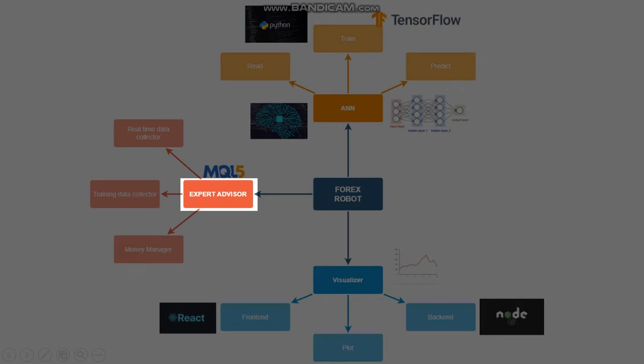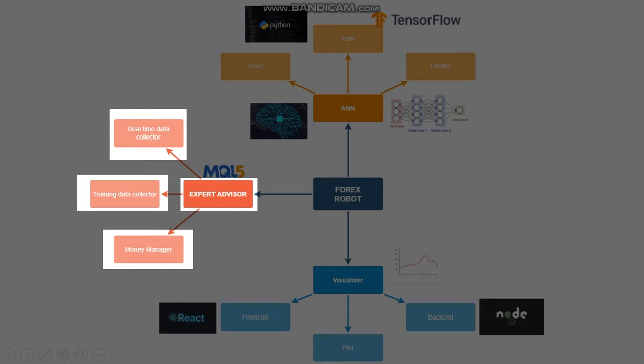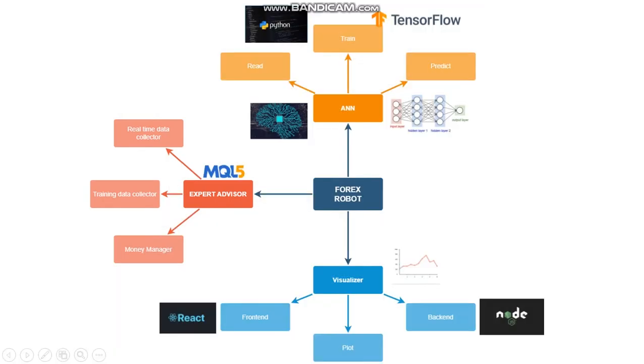For the purpose of this video, I'll refer to the whole system as a Forex robot. The expert advisor is made up of 3 parts: a real-time data collector, a training data collector, and a money manager. The training data collector is responsible for getting all the historical trading data, which is then passed on to the artificial neural network for training.